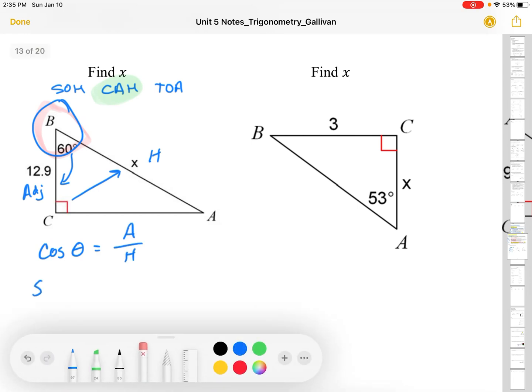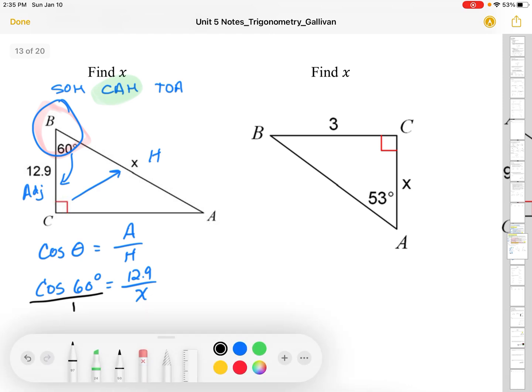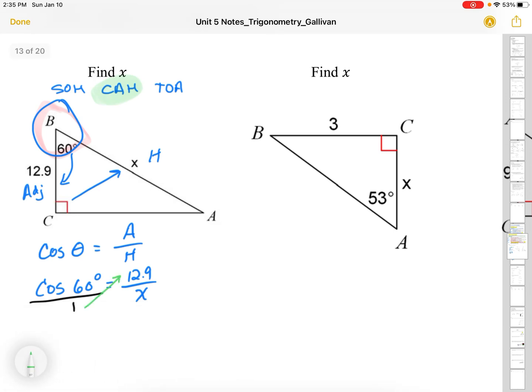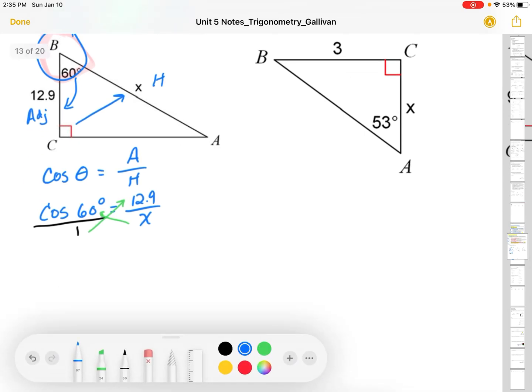Now let's fill in what we know. Cos of 60 degrees is equal to, our adjacent is 12.9, and our hypotenuse is x. Now, remember, this is like it's over 1. We're going to cross multiply and divide. So how does that work?